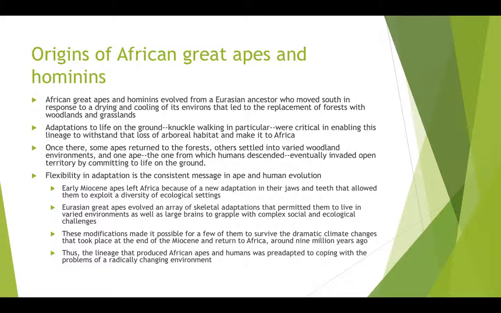Once apes returned to Africa, some returned to the forests, critically those that give rise to modern gorillas, modern chimps, modern bonobos. Others settled into these varied woodland environments. There's this mixed woodland utilization by chimpanzees, for example. And then one ape, the one that we descended from, eventually invaded open territories by committing to a terrestrial lifestyle.